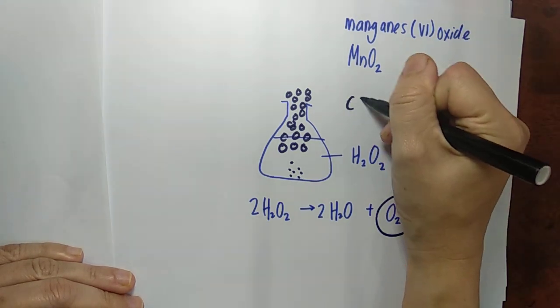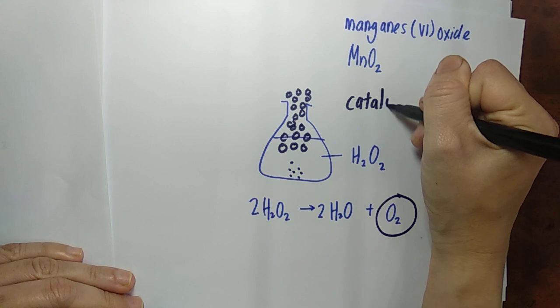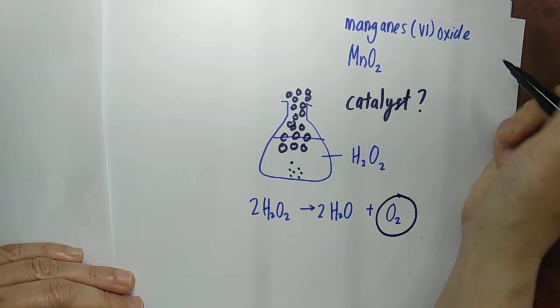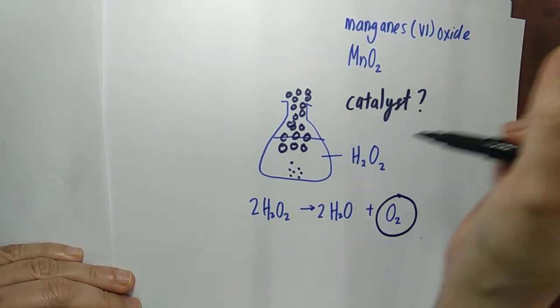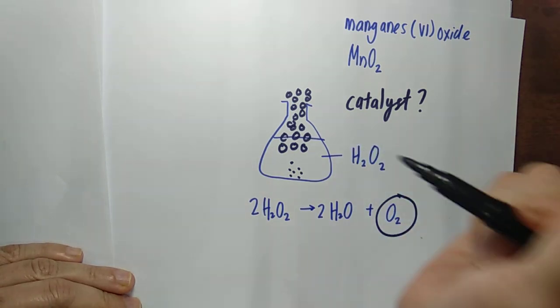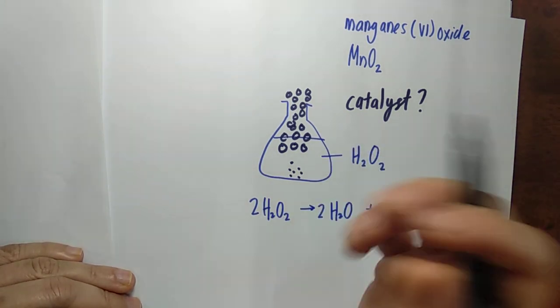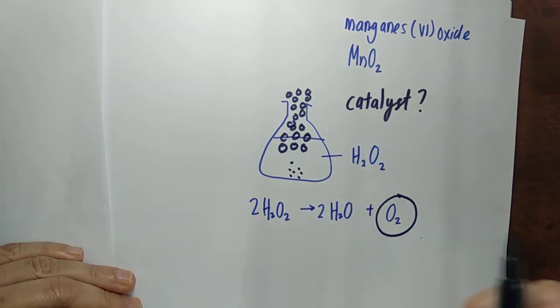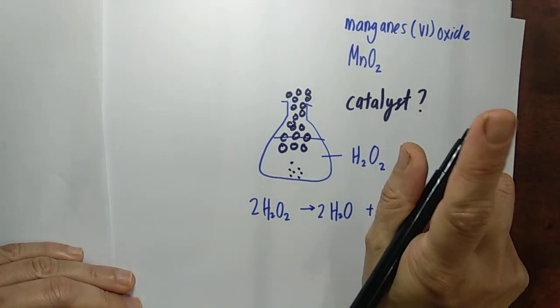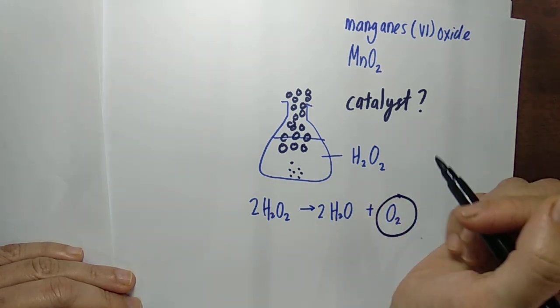So how do we know that manganese(IV) oxide is a catalyst? Because at the end of the reaction, you will still see the exact same amount of manganese(IV) oxide. You can filter it, wash it, dry it, it will be the exact same mass. It is not used up, it only increases the rate of reaction.